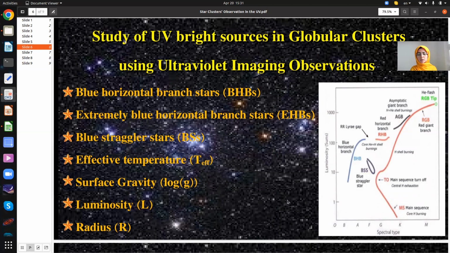By using UV optical color magnitude diagrams, or CMDs, we could identify and characterize sources in different evolutionary states, for example blue horizontal branch stars, extremely blue horizontal branch stars, blue straggler stars, variable stars, etc. We could estimate effective temperature, surface gravity, luminosity, and hence the radius R of these hot stars by fitting the spectral energy distribution, or SED, with the help of stellar atmosphere models.